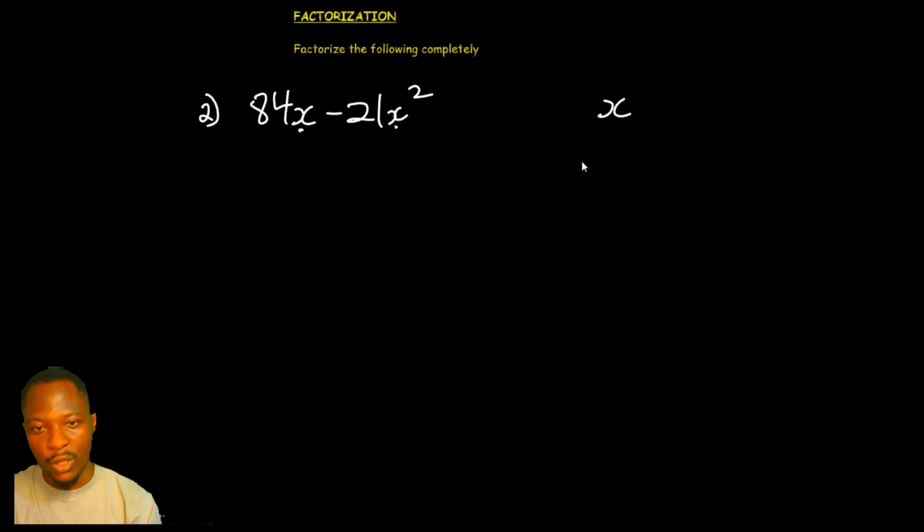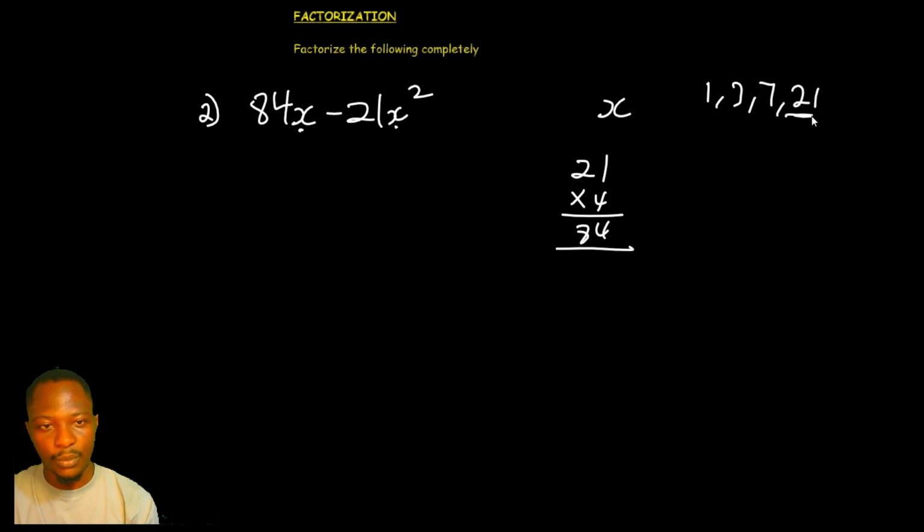Now 21 times 4 is 84, which means that 21 is a factor of 84. Now the factors between 21 and 84 can be, I think, 1, 3, also 7, and even 21 is a factor.